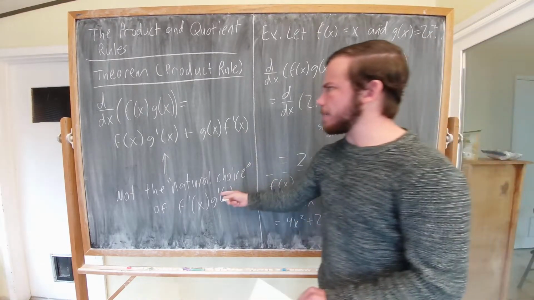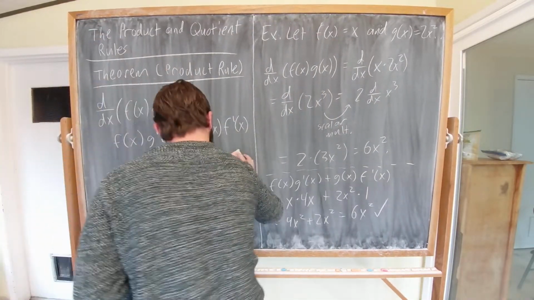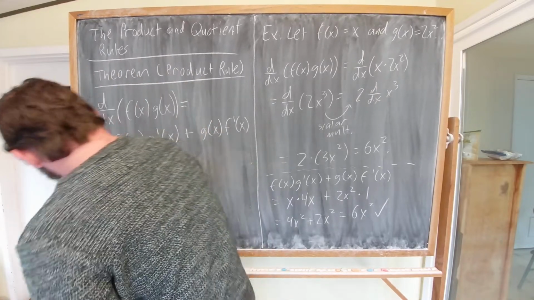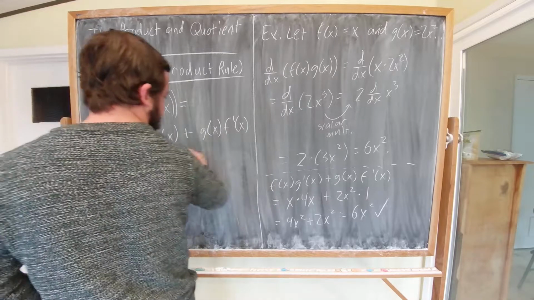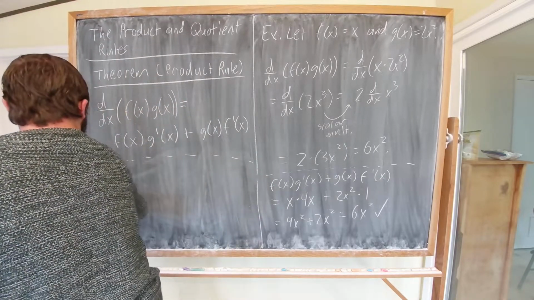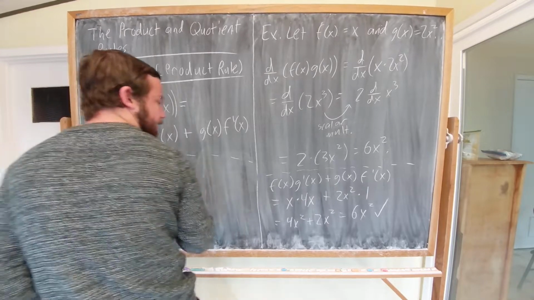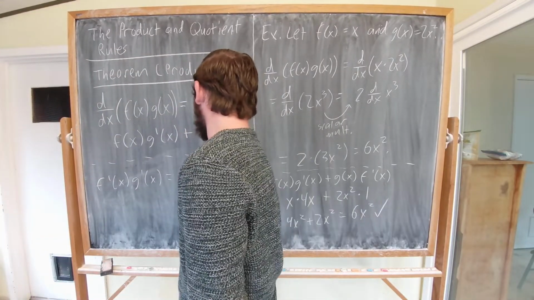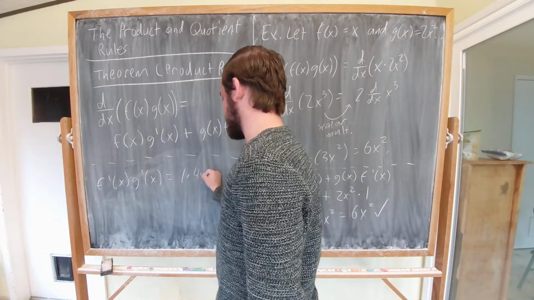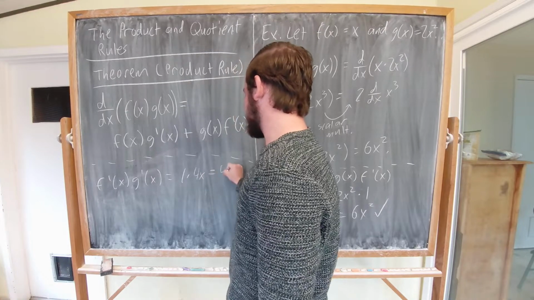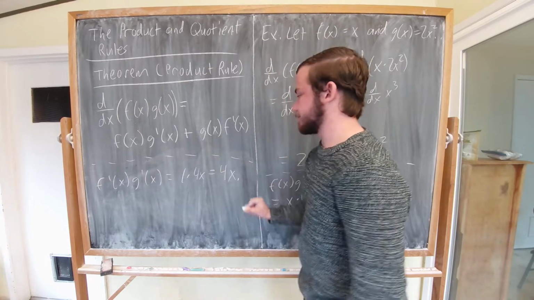But now let's see what happens if we try the other way around. If we tried f'(x) times g'(x), that would give us 1 times 4x, as computed earlier, and therefore that would just be 4x.